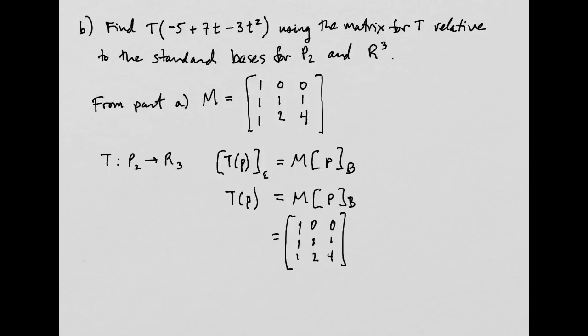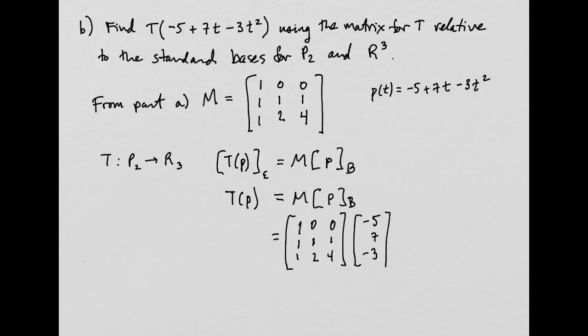So if I just look at this polynomial, in fact, let's be really explicit. Let's write over here p of t is minus 5 plus 7t minus 3t squared. So my coordinate vector is going to be minus 5, positive 7, minus 3, relative to the standard basis for P2. So I just write that down.